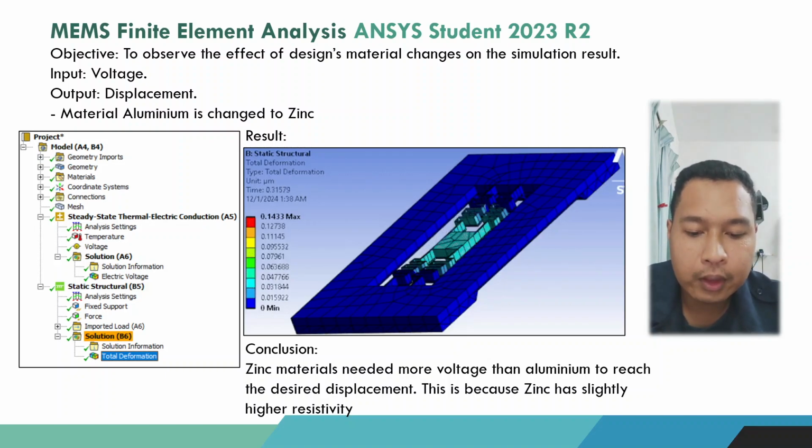From my observation, I saw that the force needed for the zinc to bend is much lower than the aluminium. So the voltage and displacement needed for the zinc is much lower than the aluminium.